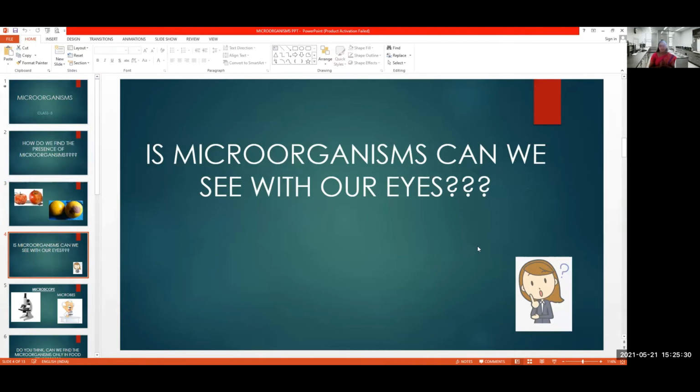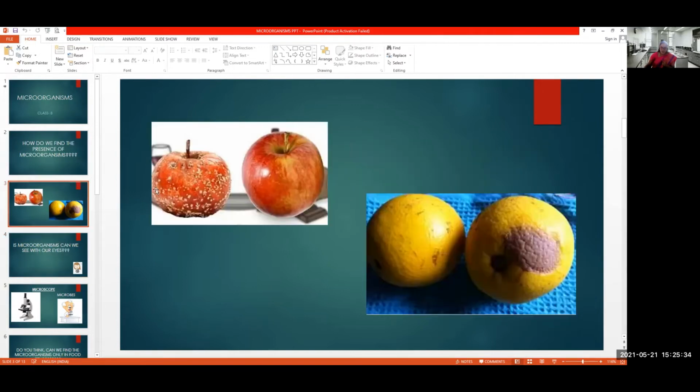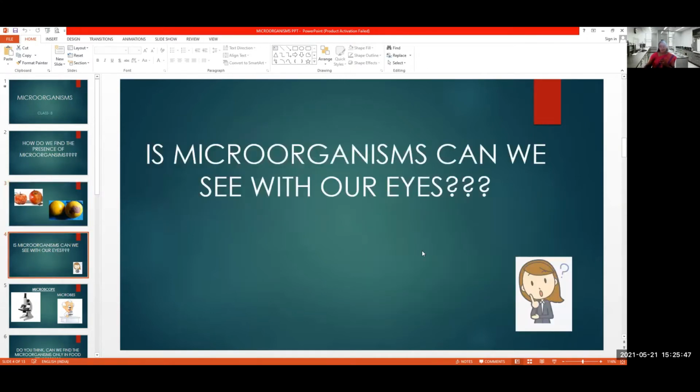You have to give me the answer. In the previous slide, I showed that there is only a color change. Can you identify what kind of organism it is? No, you couldn't see the microorganisms. You are unable to see microorganisms with the eyes.